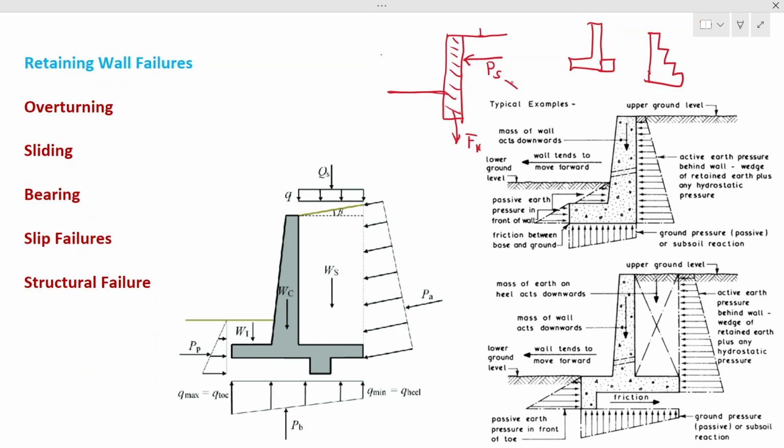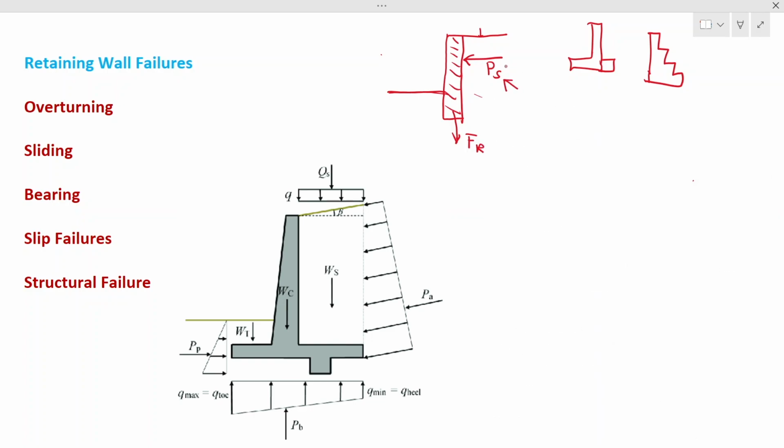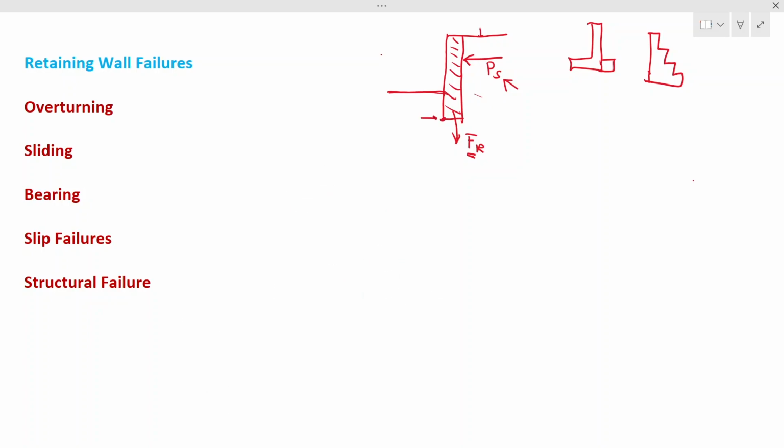So Ps is the force applied by the soil, water and surcharge on the retaining wall, and this is the weight of the retaining wall. When you have these two forces, the wall will rotate around this point.